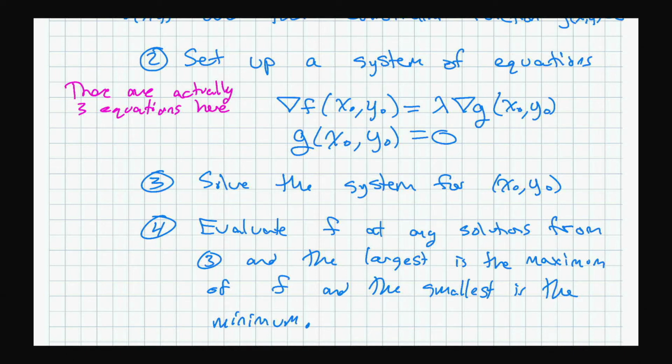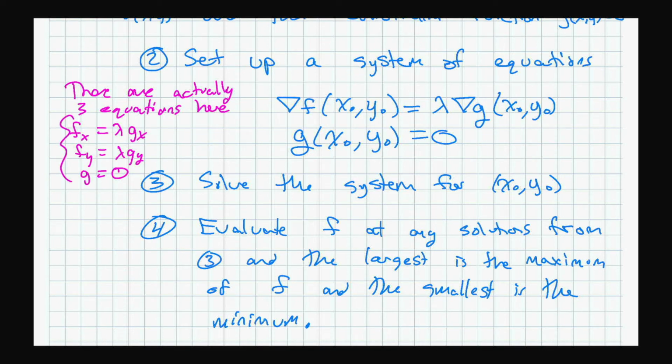The equations are like this, right? Because you know that the gradient is just the partial derivatives. Your first equation is fx equals lambda gx, fy equals lambda gy, and then your third equation is g equals 0, because I wasn't writing the x0, y0.